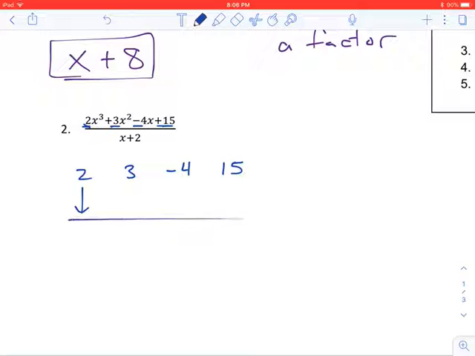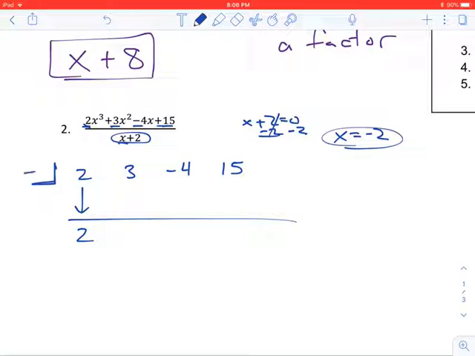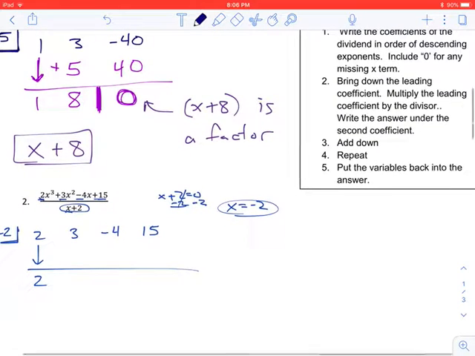Bring down the first one, which is 2, and then I have this one out here. Since it's x plus 2, I solve, and that's x equals -2. So -2 goes in there. And now I go. So again, step 2.